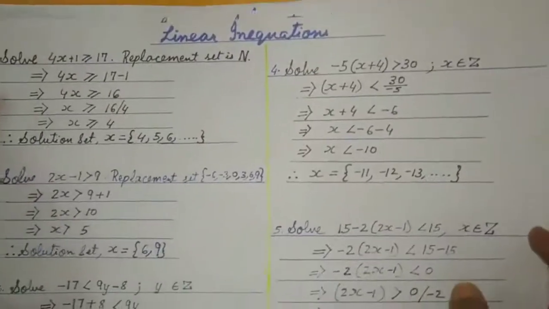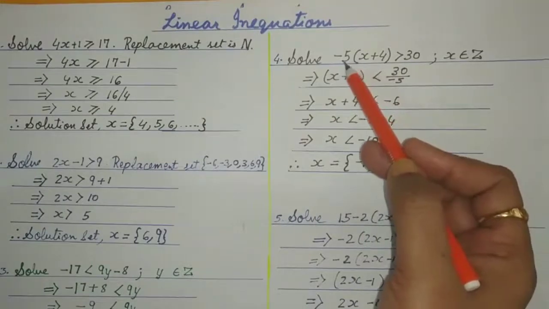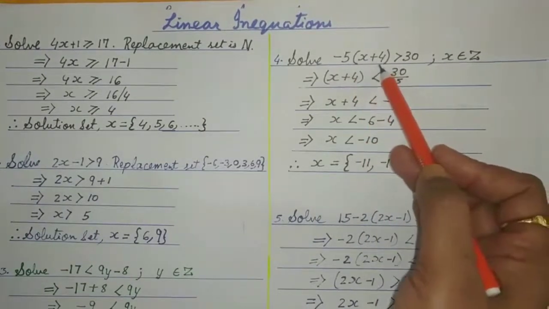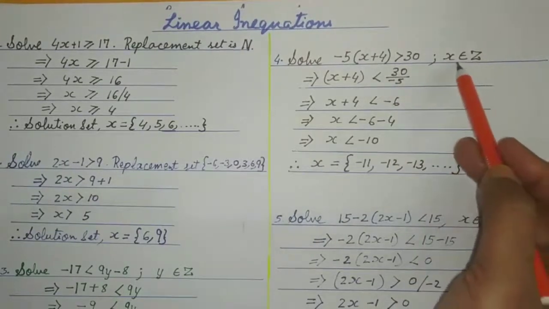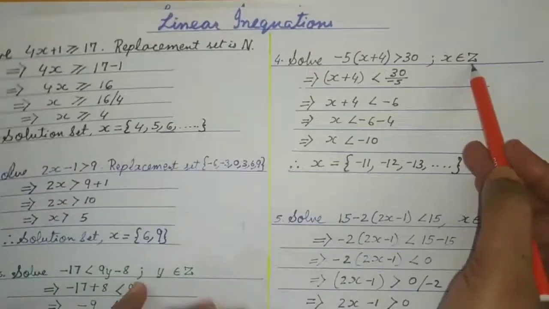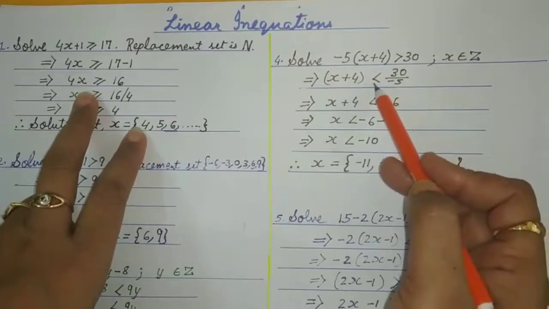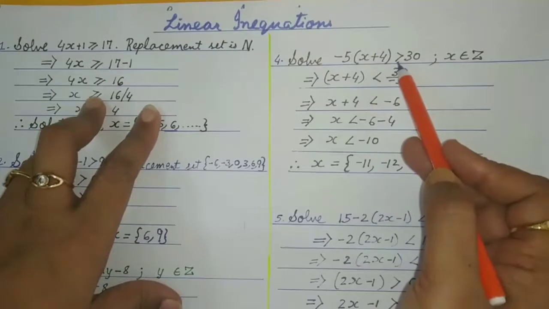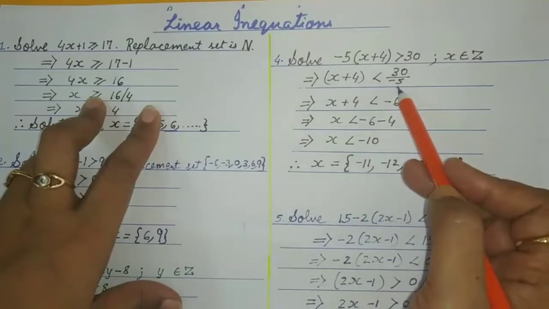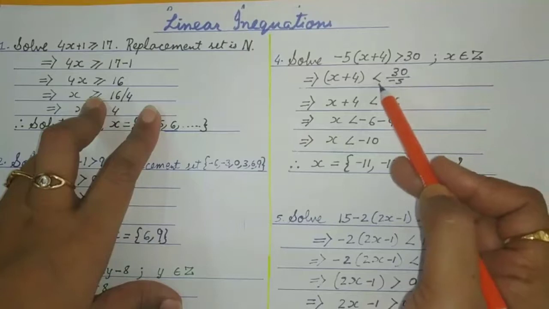The next question, number 4. The inequation minus 5 bracket x plus 4 bracket close greater than 30, and the replacement set x belongs to Z, that is integers. So x plus 4 is less than 30 by minus 5. Now here you see the sign which was given to us was greater than. On dividing by a negative number, the sign reverses. So the greater than sign changes to less than.